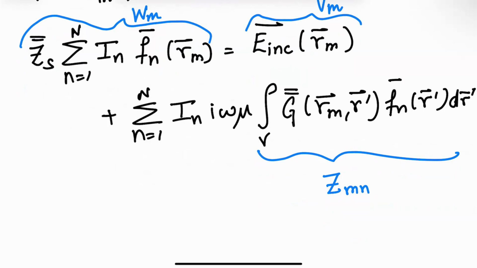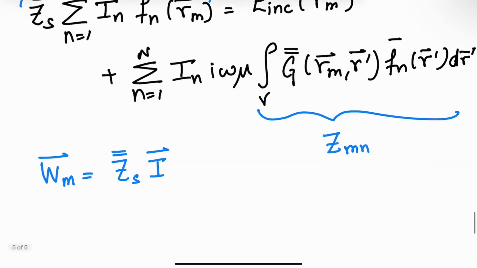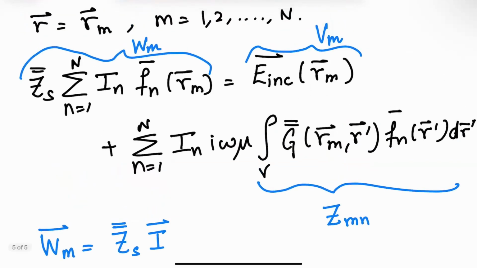So what is Wm? Wm now is Zs matrix times I vector. To avoid confusion, maybe I should not put double labels here.